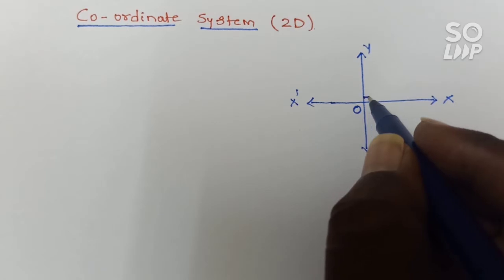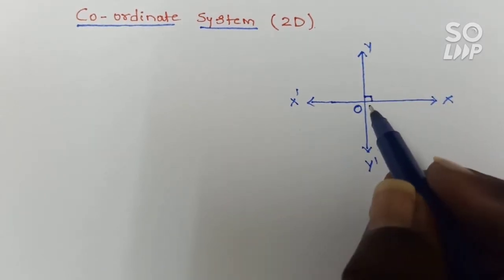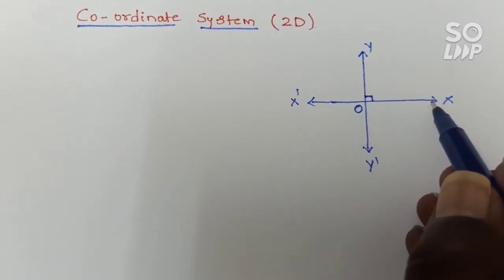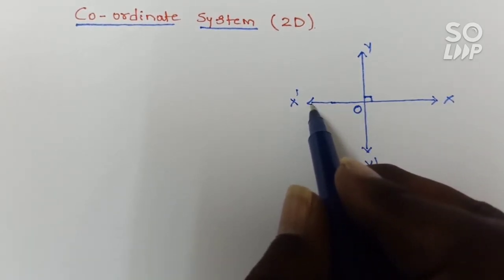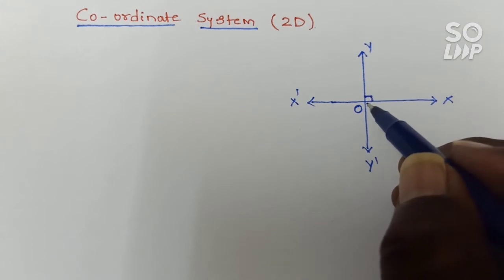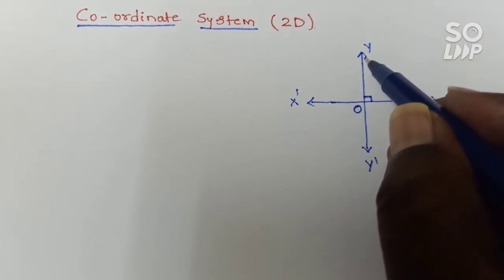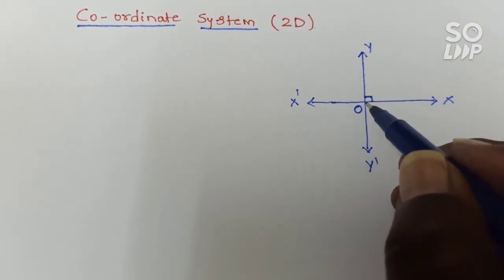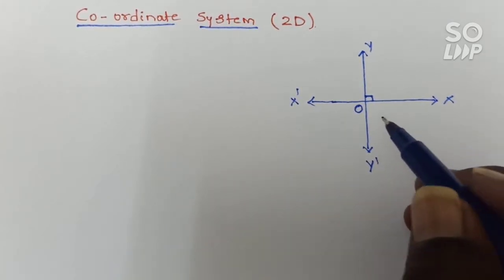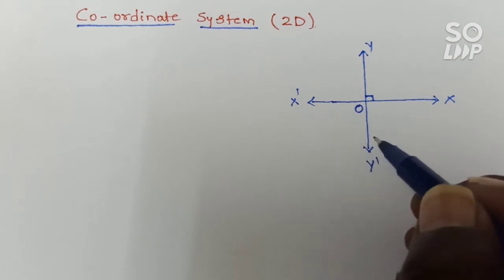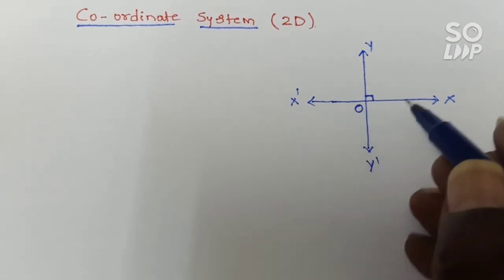Now in this figure, OX represents the positive x-axis, OX dash represents the negative x-axis, OY represents the positive y-axis and OY dash is the negative y-axis. So this is the representation of the coordinate system.